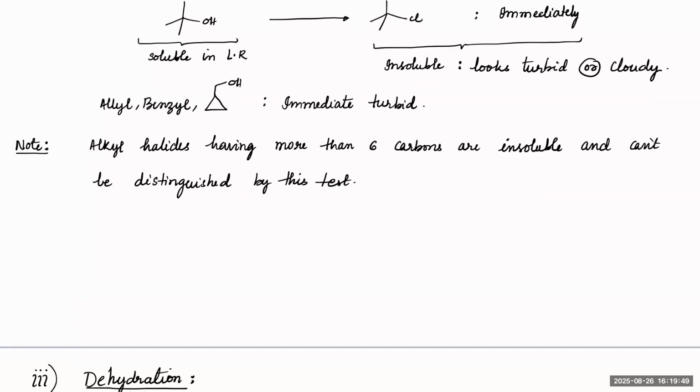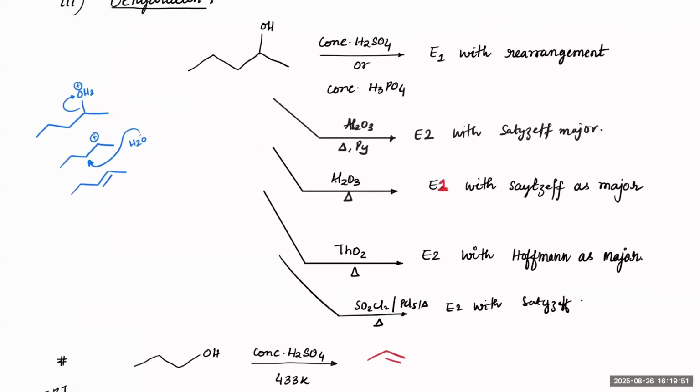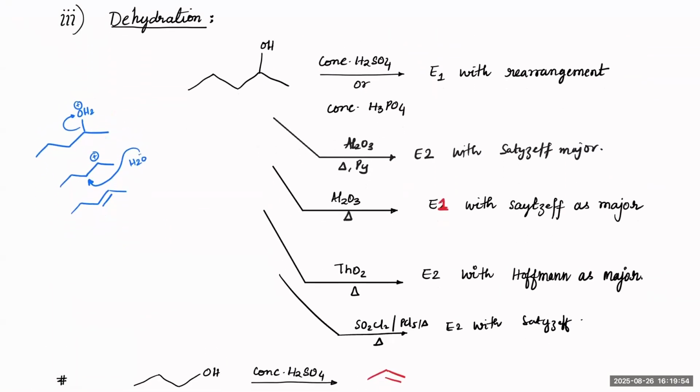Right. Next. The next tip is about dehydration. Dehydration is removal of water. So I take OH and H plus from the adjacent positions, remove that out and get a double bond. Now you just need to remember the reagents.